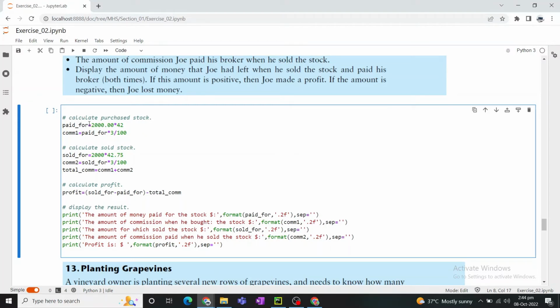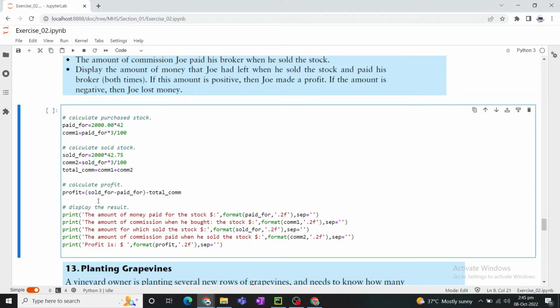So the paid dollar amount is 2000 multiplied by 42, and the commission paid on this amount is the commission paid for. And over here he sold 2000 at 42.75, and he also paid the commission on the sold-for amount, that is 3%. Now we will add the total commission amount over here, commission 1 and commission 2.